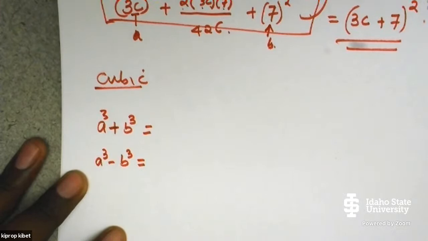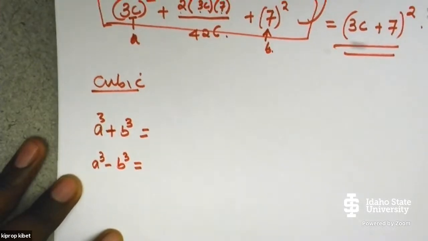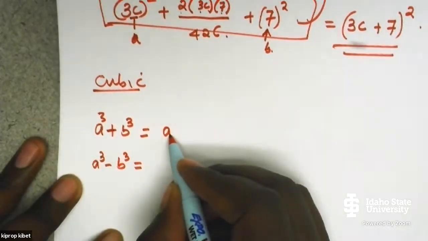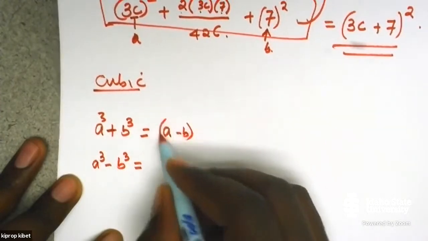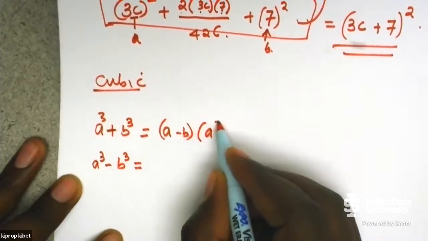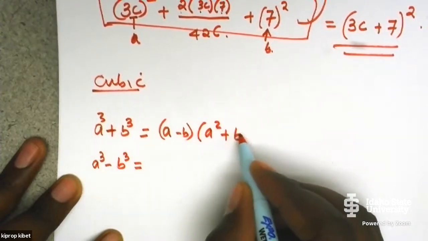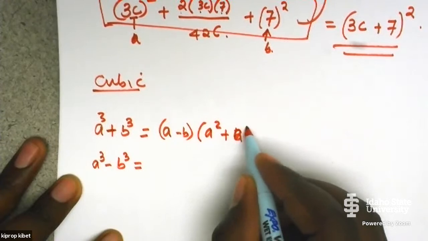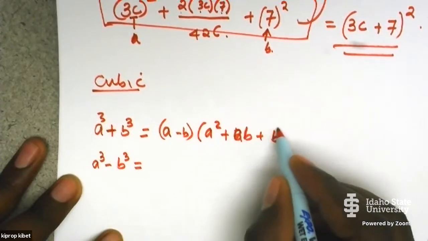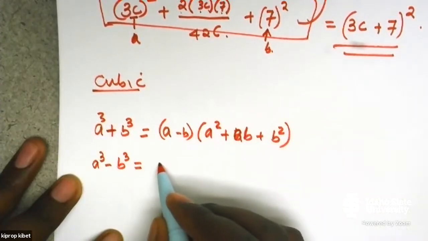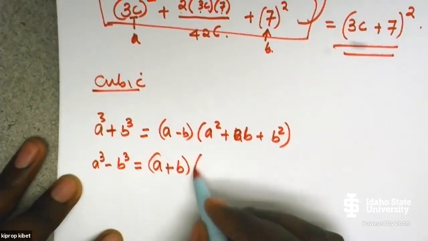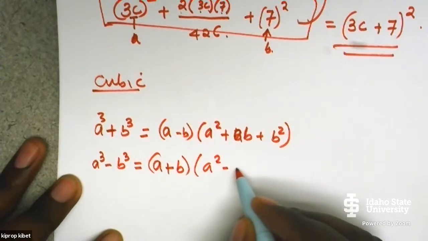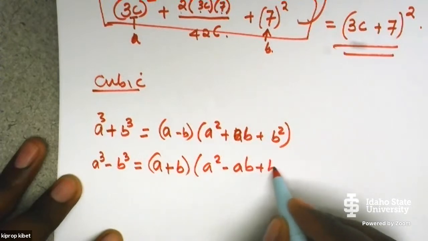A cube plus b cube is a plus b times a square minus AB plus b square.